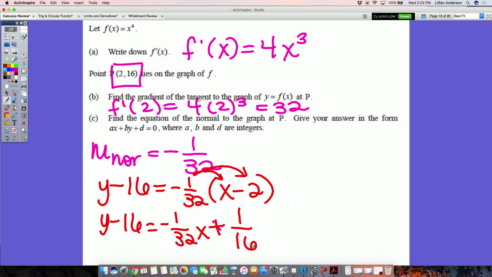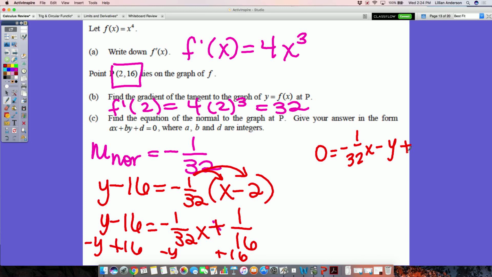And now for standard form, everything has to be on the same side, so I'm going to add 16 and subtract y to get it all on one side. So I'm going to add 16 to 1 over 16. I'm going to subtract y from both sides. I know it's kind of congested down there. Let me rewrite this. I'm going to have negative 1 over 32x minus y plus 17 over 16.